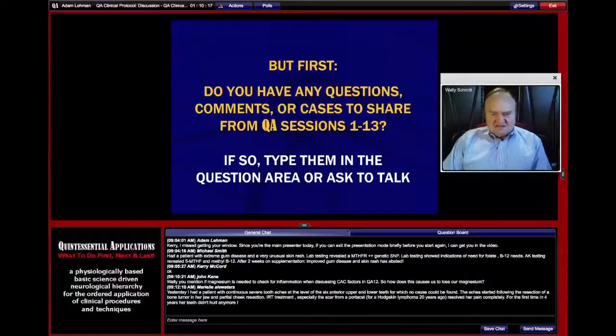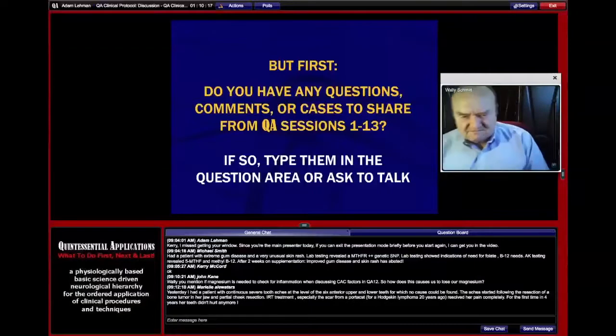There was a comment, and I'll try to get back to it because many people have entered the room since then, regarding a patient with extreme gum disease and a very unusual skin rash. Lab testing revealed a MTHFR ++ genetic SNP, and the lab testing also showed indications of the need for folic acid B12.